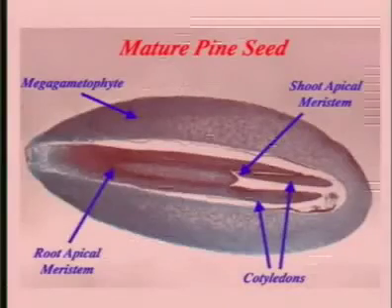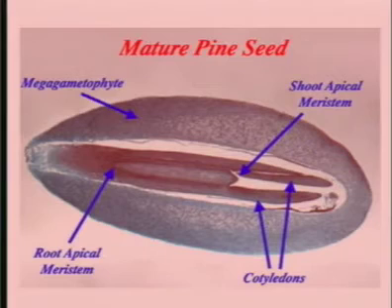This embryo gradually forms the seed inside the female strobilus or female cone. When it is matured, the seed comes out and spreads over the nearby area.